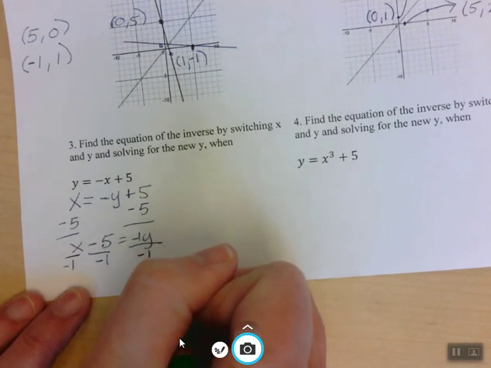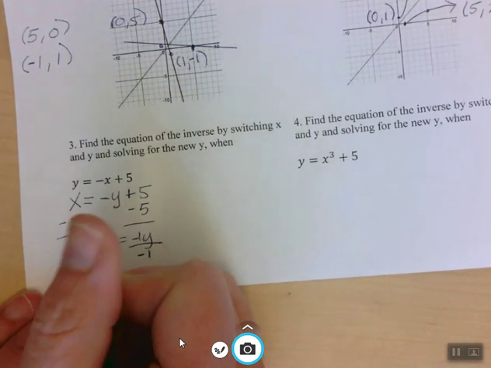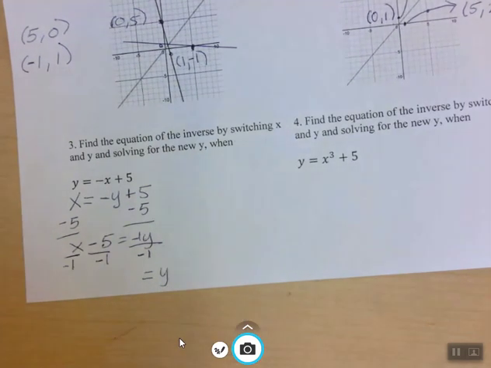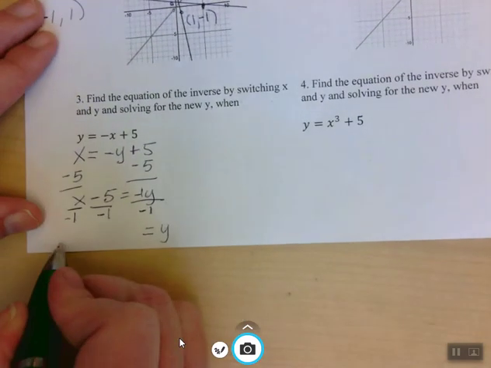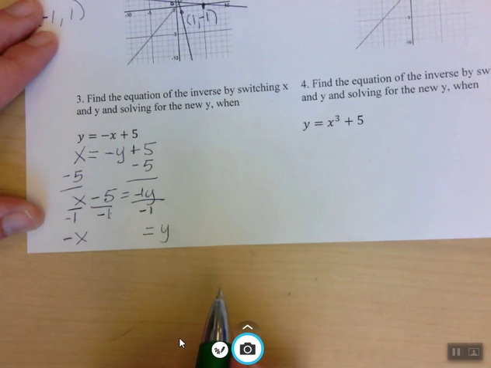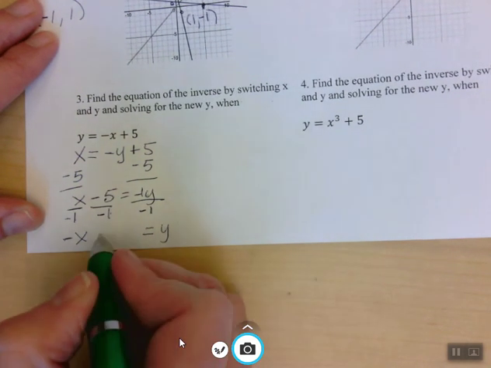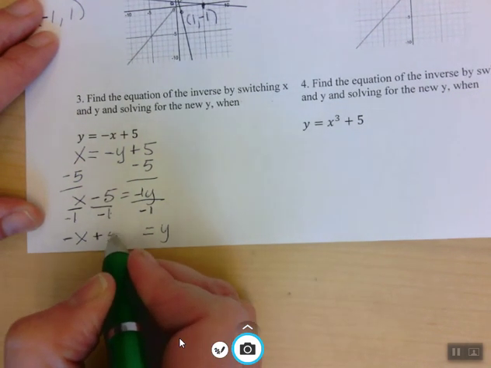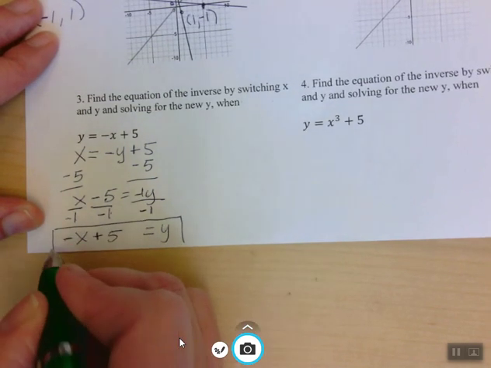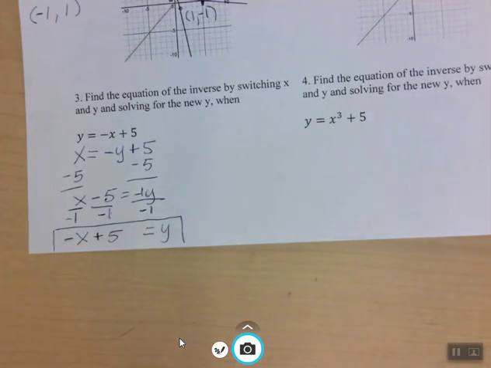So I get y equals x divided by negative 1 is negative x, thank you, and then negative 5 divided by negative 1 is plus 5. You can have your y equals on the other side if you want. I just never moved it.